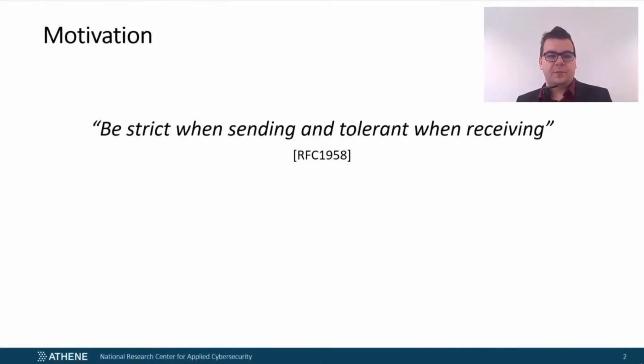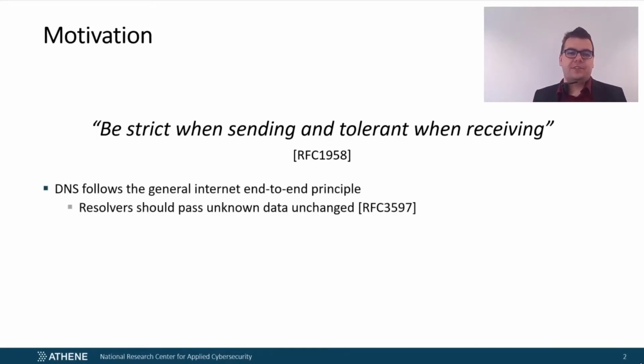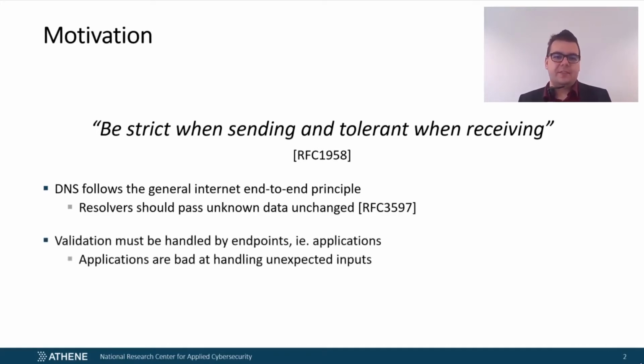So first, our motivation. A general principle of the internet is to be strict when sending and tolerant when receiving. The DNS generally follows this internet principle, as resolvers should only interpret the data they need and pass any unknown data unchanged. However, this means that the validation must be handled by the endpoint, for example, the application which required the record.